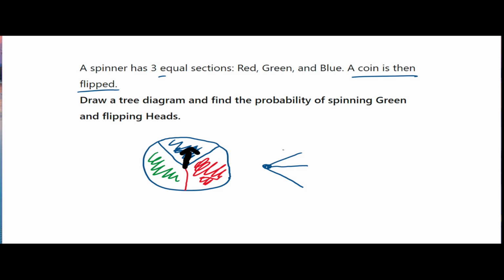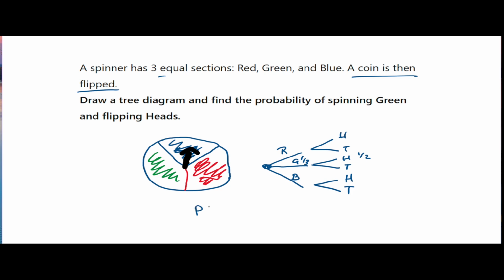So it's going to be red, green, and blue, and then heads, tails, heads, tails, heads, tails. So the probability of spinning green is going to be 1/3. And then flipping heads, that's going to be 1/2.